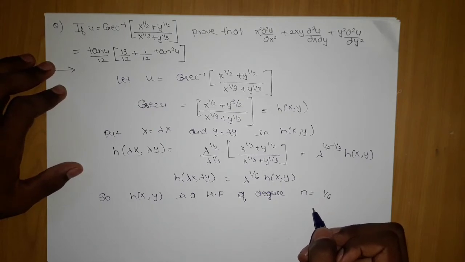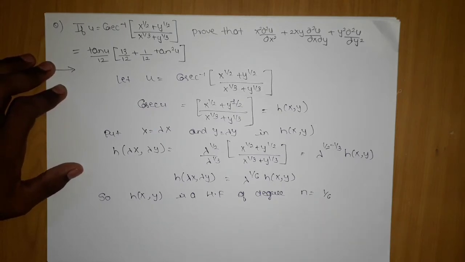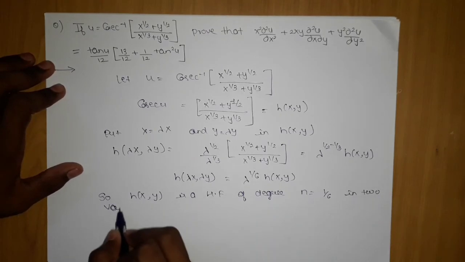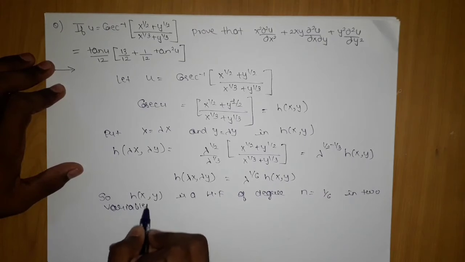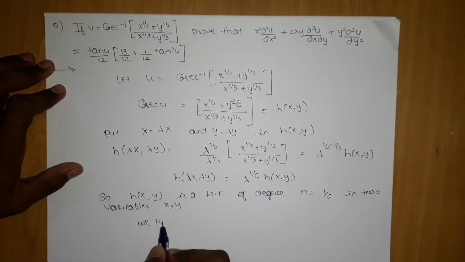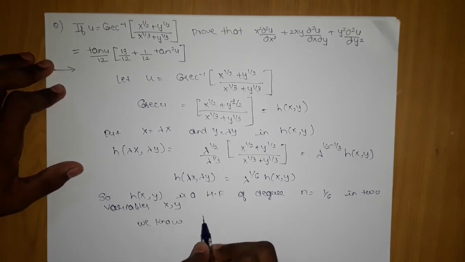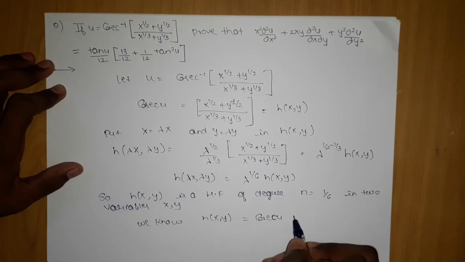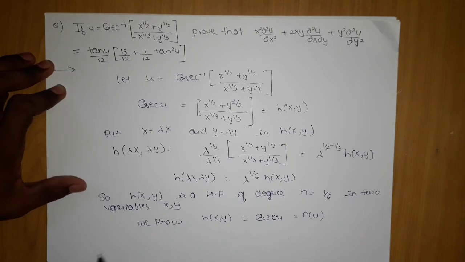And since the degree is 1 by 6, what can we do? In two variables, x comma y. Now we know h of x comma y equals cosec u equals f of u.